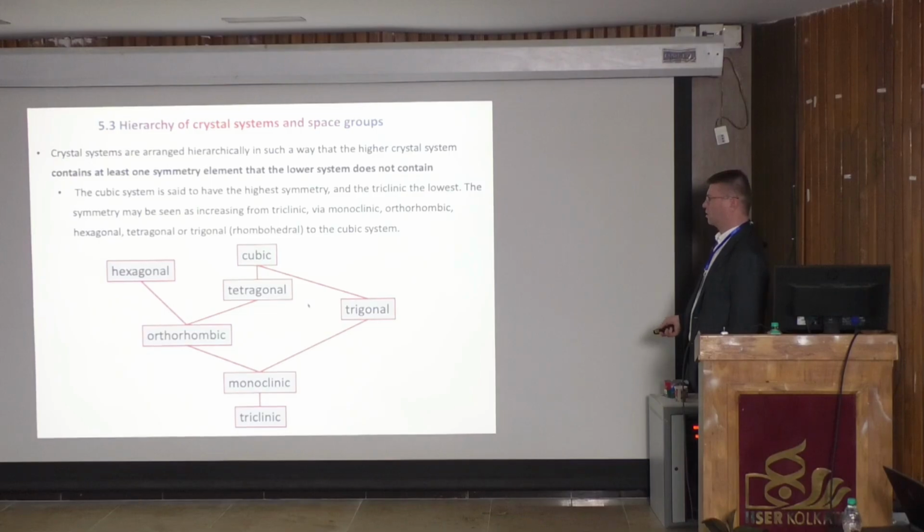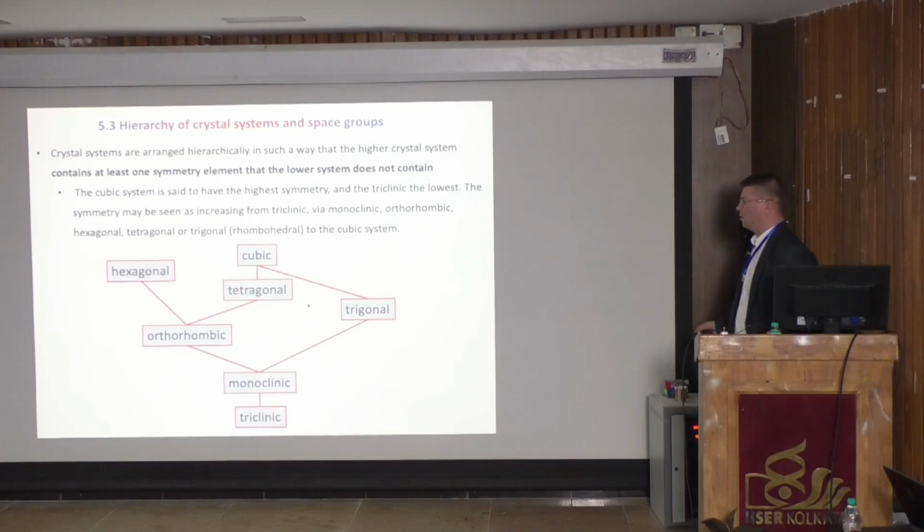So we start from triclinic. We go to monoclinic, and then from the monoclinic we will have orthorhombic and trigonal, which are very similar. Tetragonal is of higher symmetry, and the hexagonal is slightly higher than tetragonal, and highest is cubic. So that is a hierarchy in that sense. So the point in there is that triclinic type of symmetry, so identity, can exist in all of them.